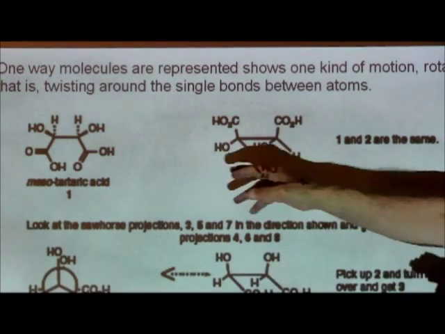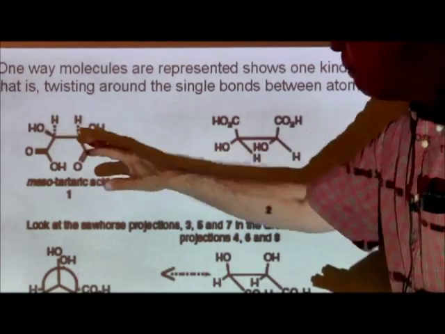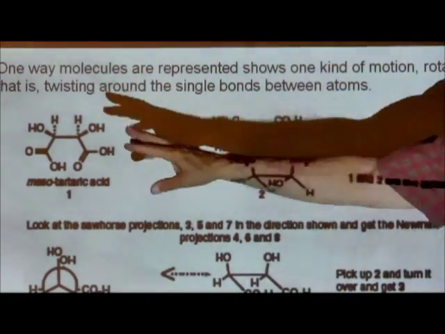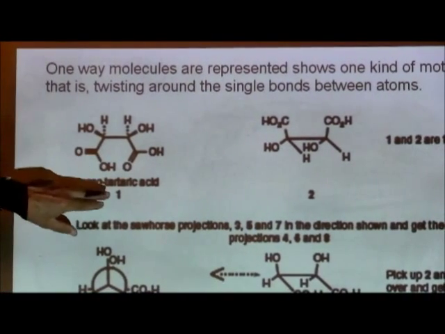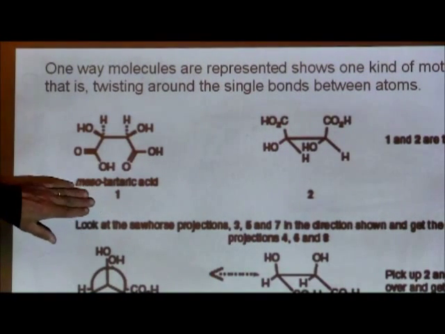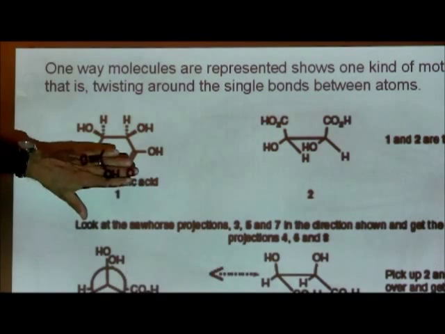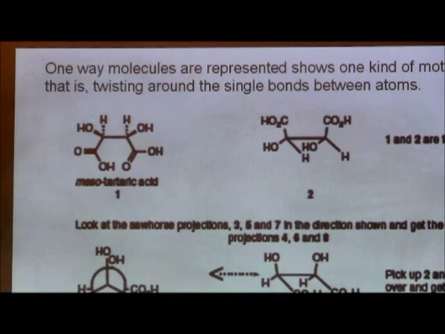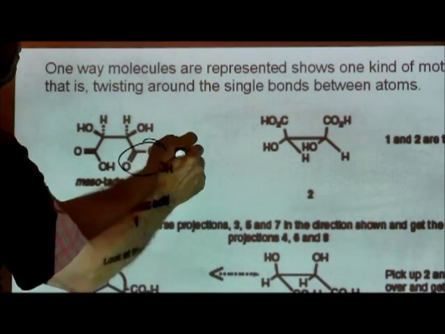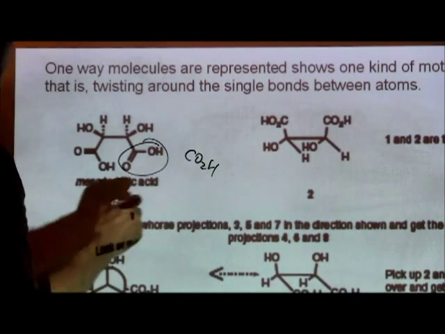Now, here's mesotartaric acid represented in a way that I did not represent anything over there. If I take this so-called mesotartaric acid and pick it up and turn it over, let this group be represented simply by CO2H.